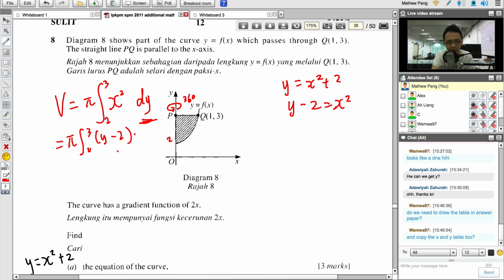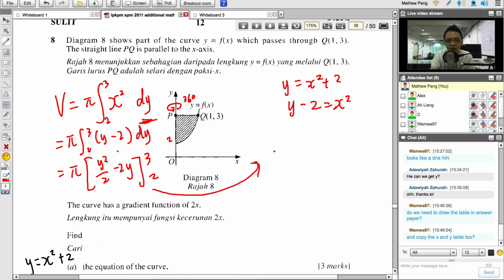Then just do the integration. This is y squared over 2 minus 2y, and then this one is 3, 2. Alright, then you just substitute the value into here. Then what do you get? You get 9 over 2 minus 6, minus 4 over 2, which is 2, minus 4.